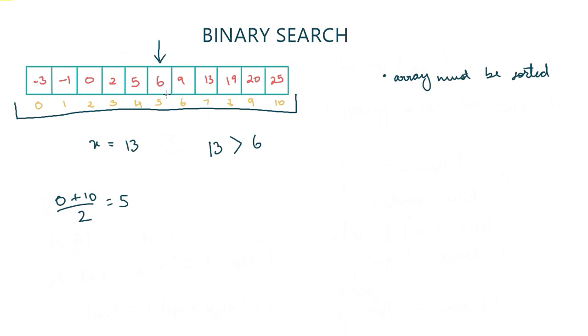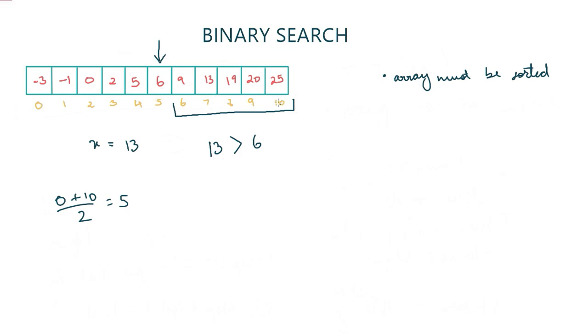So we update the range of search to the right hand side part. Now our search range will be reduced to the right half of the original range. Originally we had from 0 to 10. Now we will have from 6 to 10. We have eliminated all elements on the left of the mid element, including the mid element.